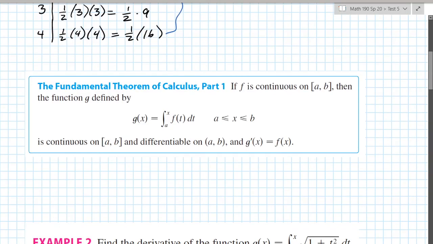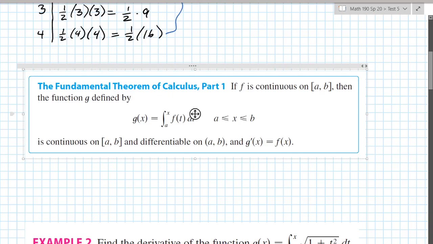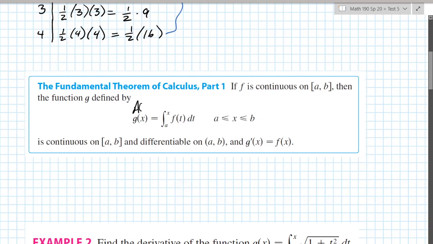The first part of the fundamental theorem says if f is continuous on the closed interval and the function g is defined by the integral, like our area function A of x, from a to x of f of t dt, then g is continuous on the closed interval, and it's also differentiable on the open interval with the derivative of g equal to f. Well, that's very interesting.